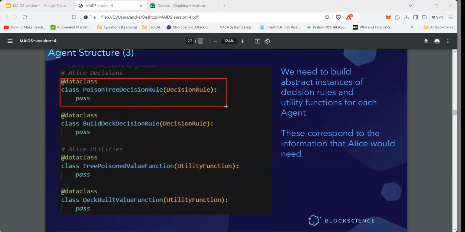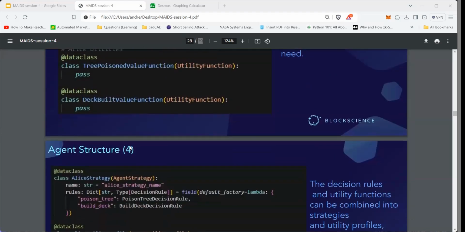And if someone changes their mind about what the right decision rule is, it's much easier to rewrite a small part than it is to come in and make a fundamental change. So we're creating places where we can drop in changes easily for experimentation and iteration.